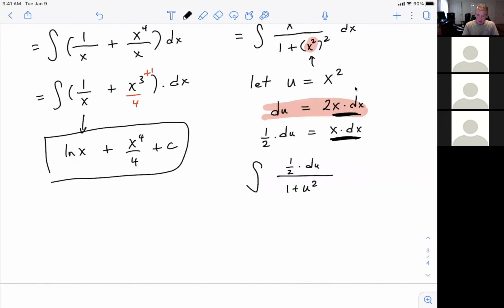Now to make this look a little bit simpler, what I'm going to do is factor out the 1/2. You can always factor out constants. And then I'm going to move the du to the side and put 1 times du. So that's the same thing as du on top, but I'm just moving the du over a little bit.